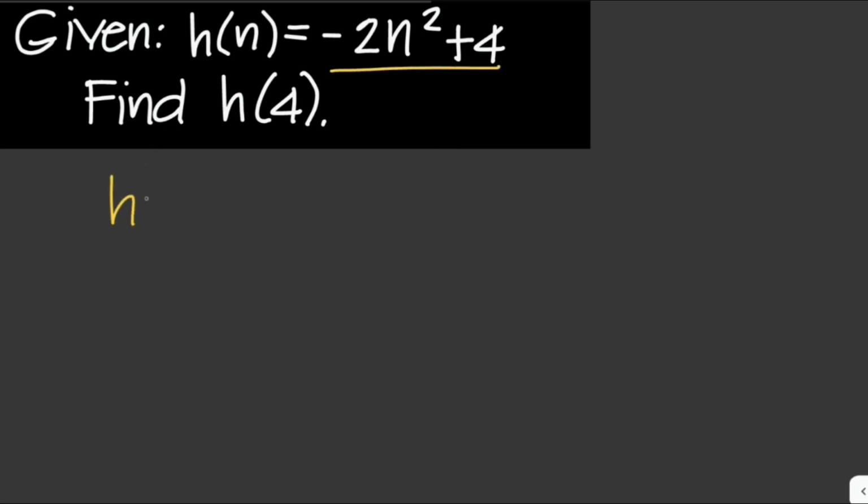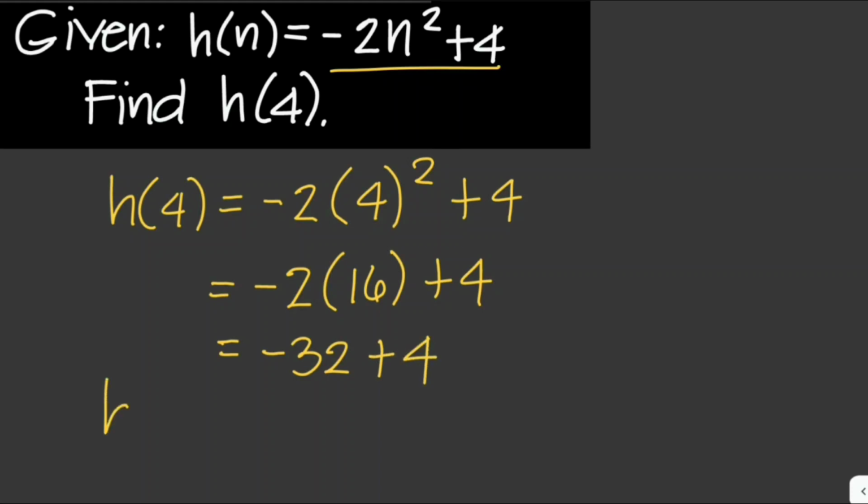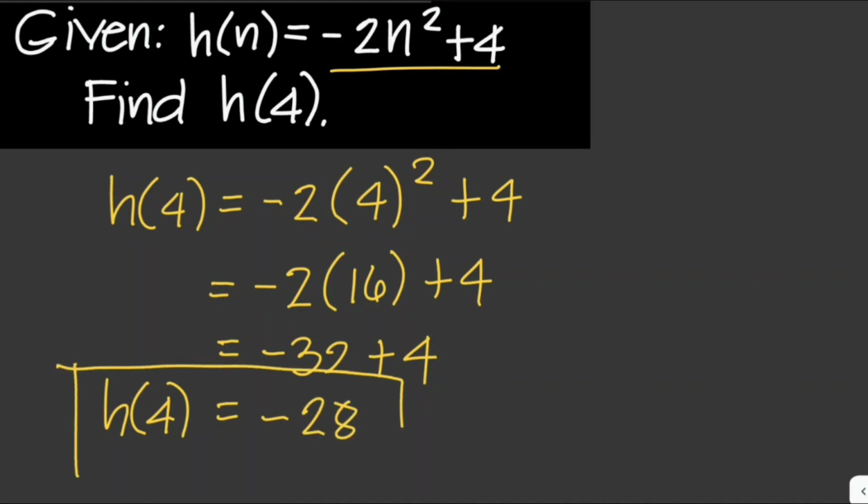So that would be h of 4 equals negative 2 times 4 squared plus 4. So this is just equal to negative 2 times 4 squared, which is 16, plus 4. So this is negative 32 plus 4. Therefore, h of 4 is just equal to negative 28. So this is our answer.